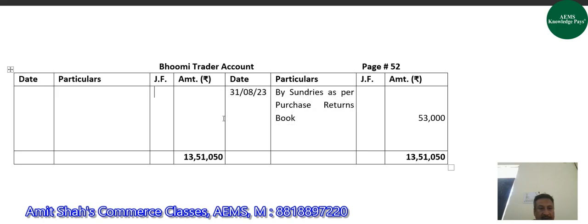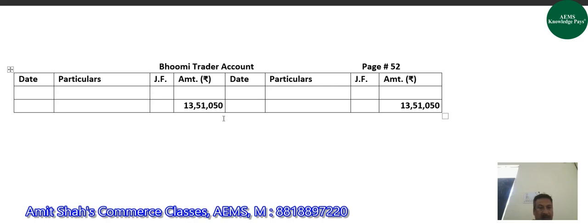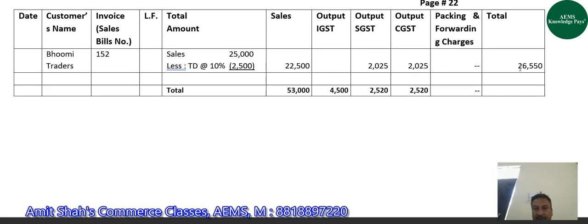So on the debit side of Bhumi Traders, because it's a sales transaction, on the debit side of Bhumi Traders account, what we will write here is to sales account. How much we have to recover from Bhumi Traders is 26,550. So this is how we have done the posting on the debit side of Bhumi Traders account for the total amount that we have to recover from Bhumi Traders for sales of goods to Bhumi Traders. Am I clear? Have you got this? Ashutosh and Yash?